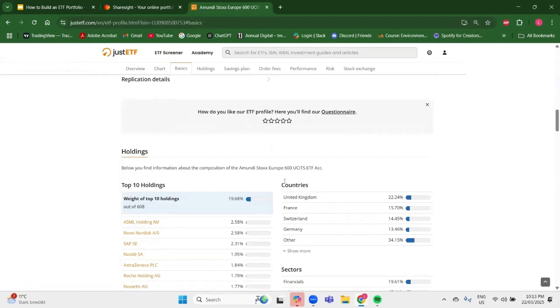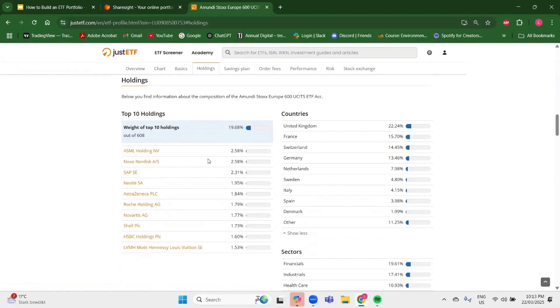It's accumulating. It's got UK, France, Switzerland, Germany, Netherlands, Sweden, European companies, ASML Holdings, Novo Nordisk, Nestle, AstraZeneca, biochemical company, Shell. So that's some oil.